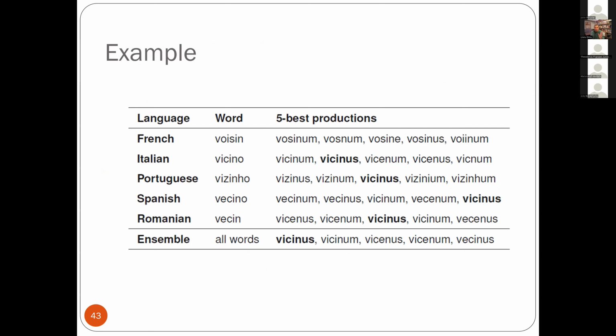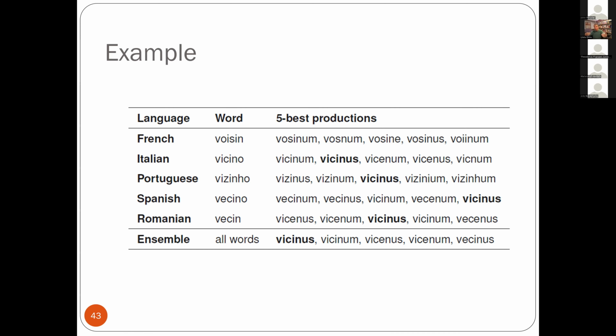It will be easy to show on this example. We have this example for French, the neighbor: Bassin, Vicinus, Bassin. We see that when we apply the CRF, our algorithm, for only one language, the Latin proto-word, which is Vicinus, doesn't occur in the first predictions which we obtain.